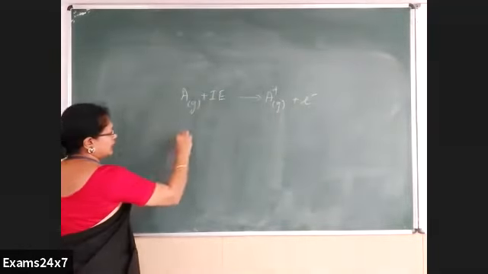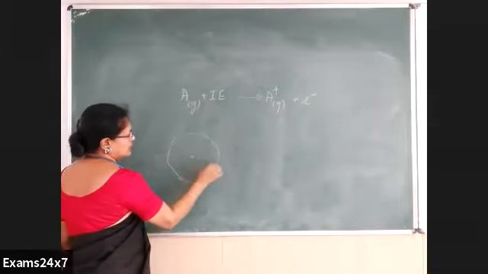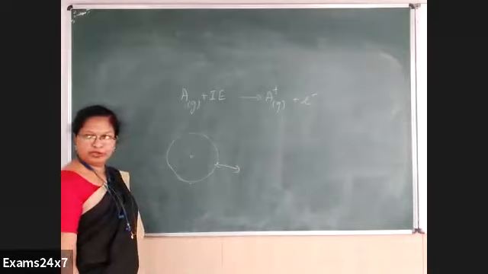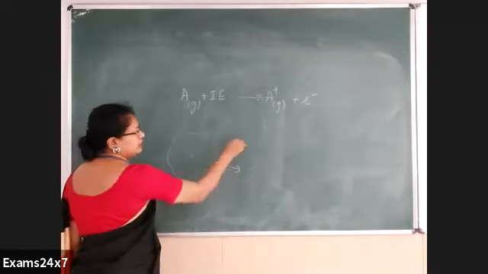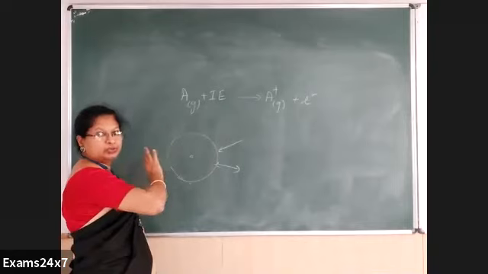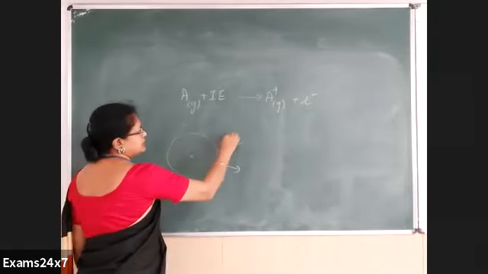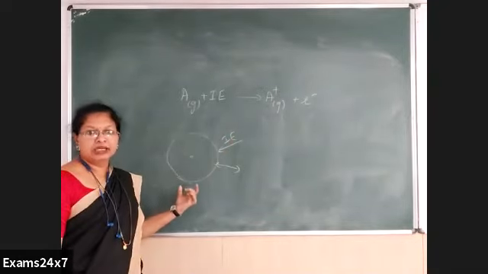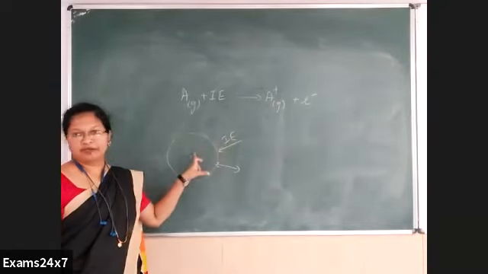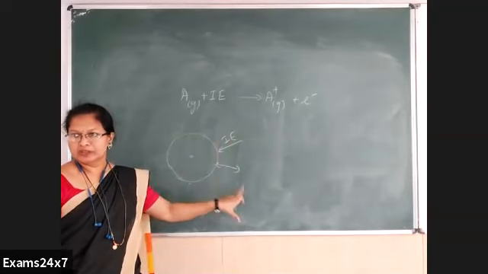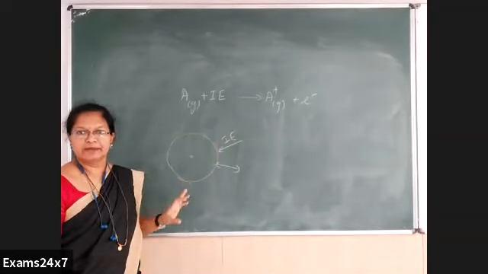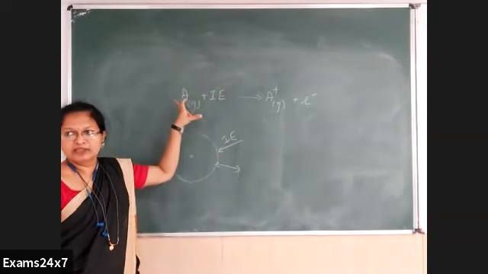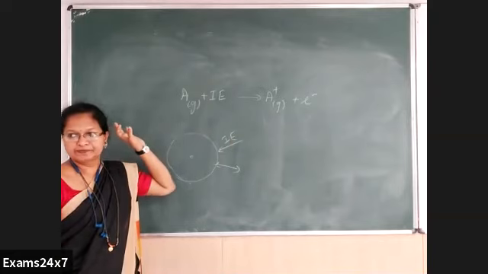In terms of an atom, I can show a nucleus with an electron here. You want to remove this electron to make it into a cation. Removal of an electron requires a certain amount of energy to be supplied. That is called ionization enthalpy.